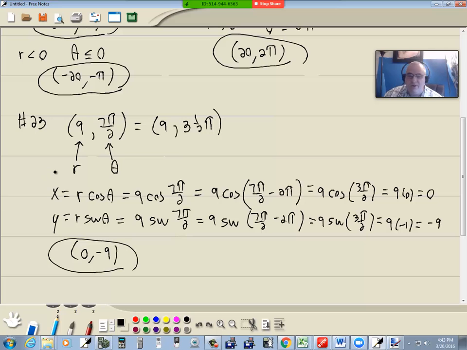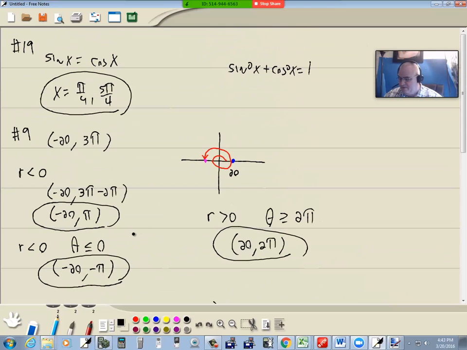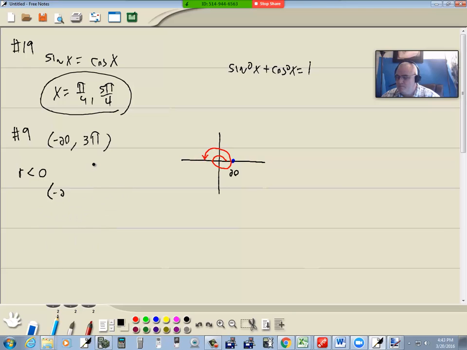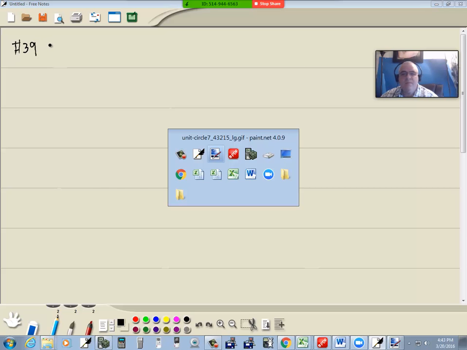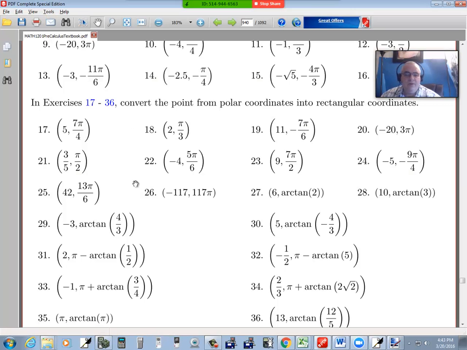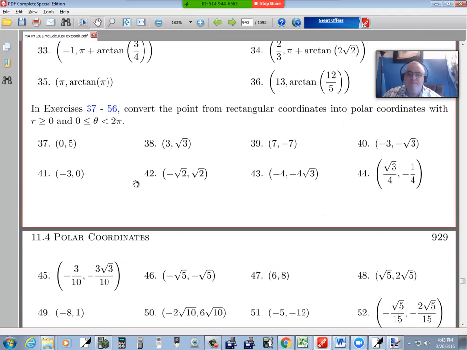Okay, number 39. Let me clear off the page here. Got 7, negative 7.